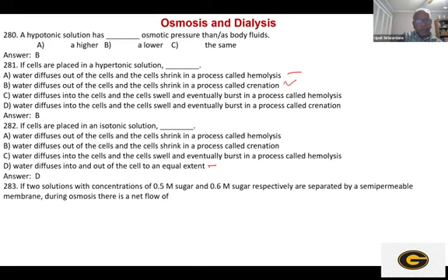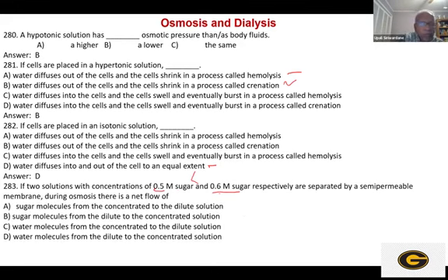If two solution concentrations are, the first one is low, so this is higher. During osmosis, net flow is water from the dilute solution to the concentrated solution. D is the correct answer.